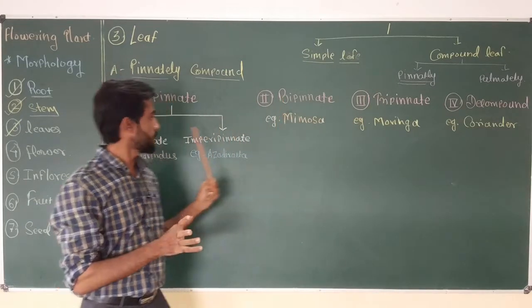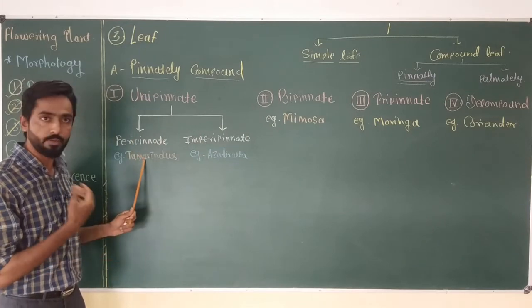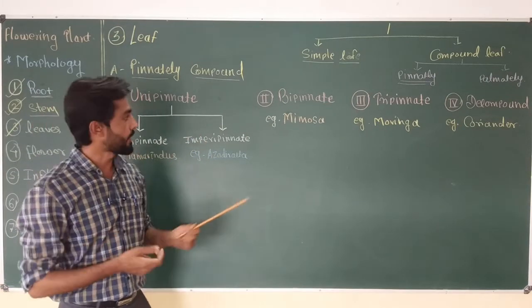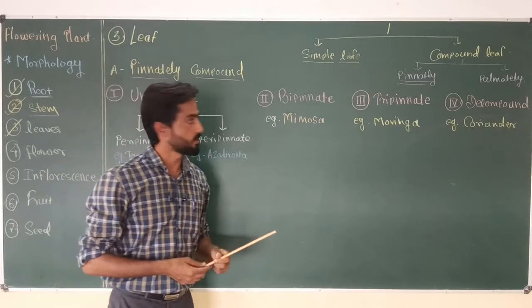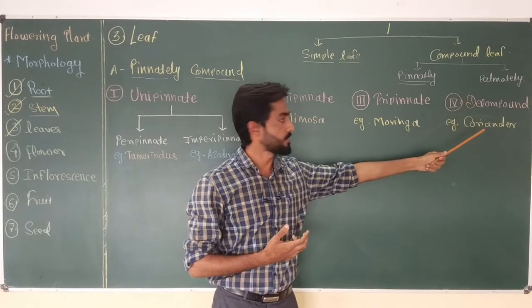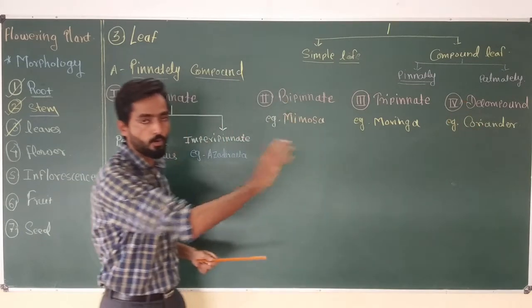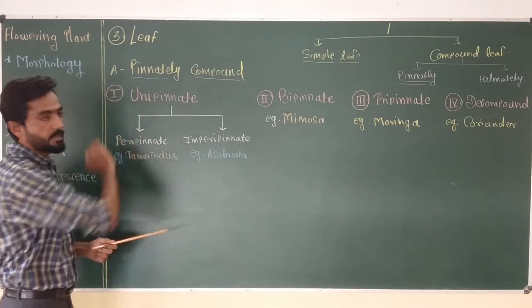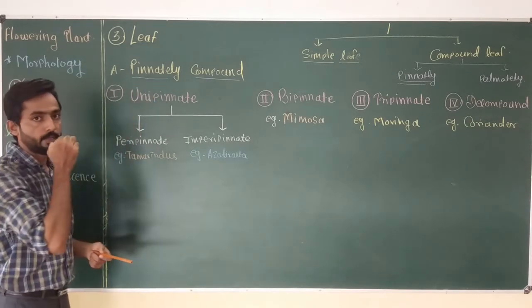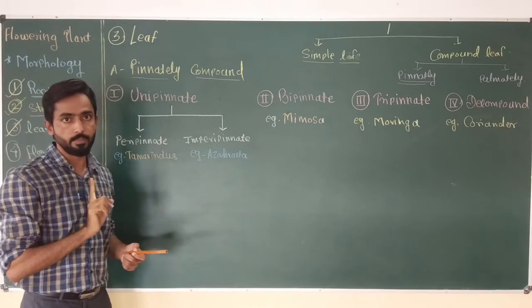The example of paripinnate is Tamarindus, imparipinnate is Azadirachta or neem plant, bipinnate is Mimosa, tripinnate is Moringa or drumstick, and the decompound example is coriander. So all these four are types of pinnately compound leaf. Now remember that pinnately compound leaf means a leaf having a single midrib.